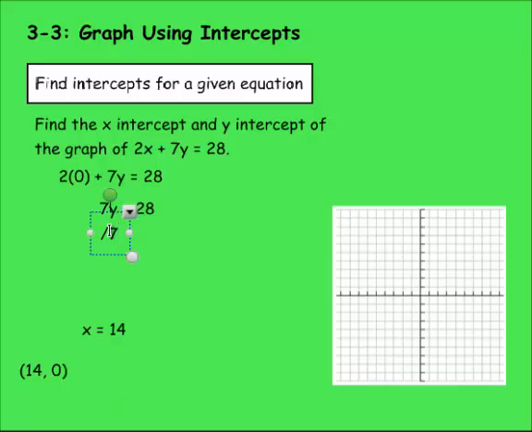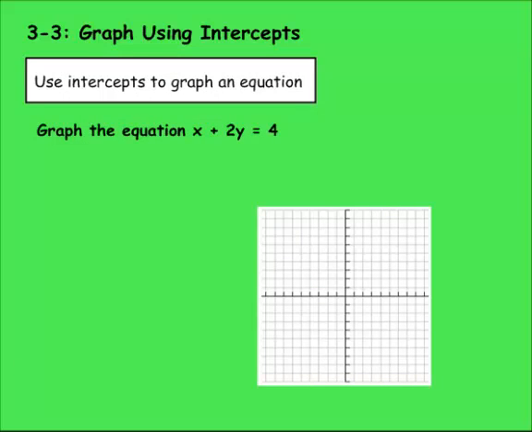Divide both sides by 7. And that would give us an answer of y equals 4. So when x is 0, somewhere along this line, y would then be 4, and that's your y-intercept. I would say 0 for x, 4 for y, and there's our ordered pair.